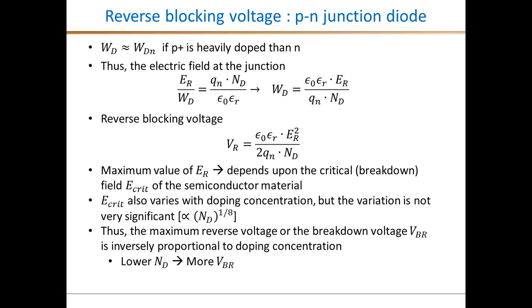So we can say that the maximum reverse voltage, or the breakdown voltage rating of a diode VBR, is inversely proportional to the doping concentration for a given semiconductor material. The lower the doping concentration, the higher the reverse blocking voltage. We can use this expression to determine the required doping concentration to achieve a required voltage rating.